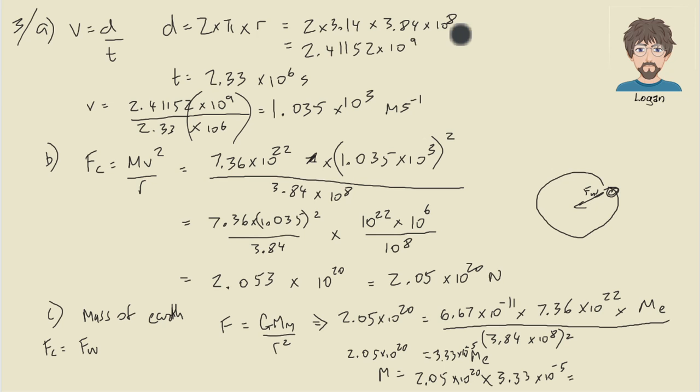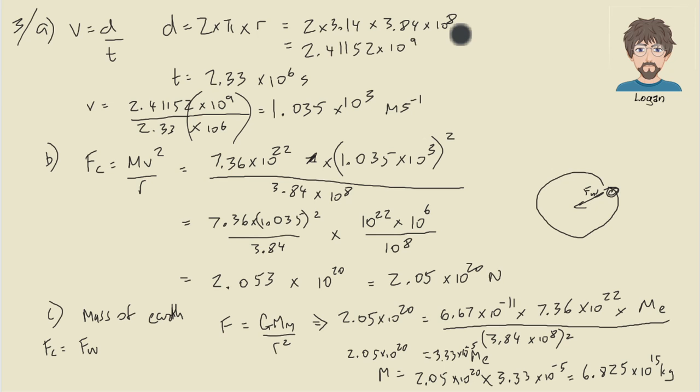And I get that the mass of the Earth equals 6.825 times 10 to the 15 kilograms. It's not large enough. So I definitely did something wrong here.